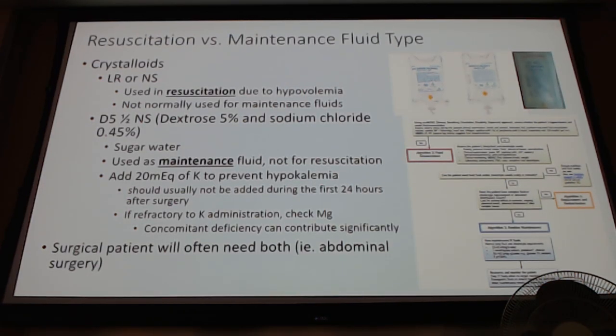Yes. I'm just a little confused when you said you were talking about replacement. You said maintenance plus whatever they're losing. Yes. But then you said no dextrose. That's for the rate, not the type of fluid, but the rate of the fluid. Can you explain?